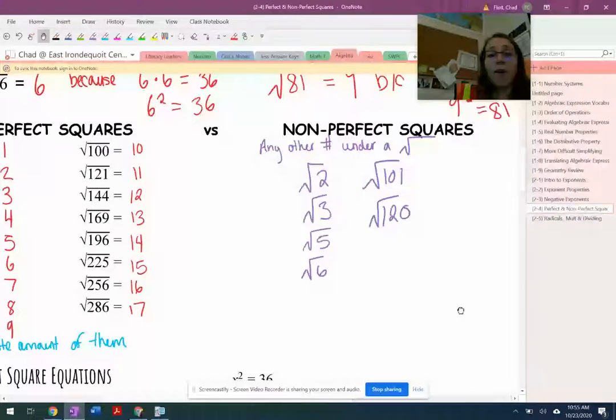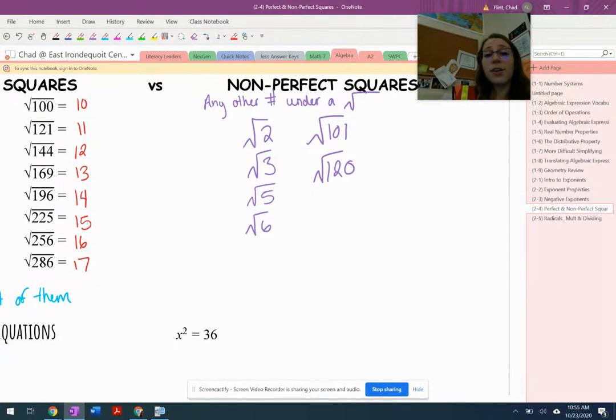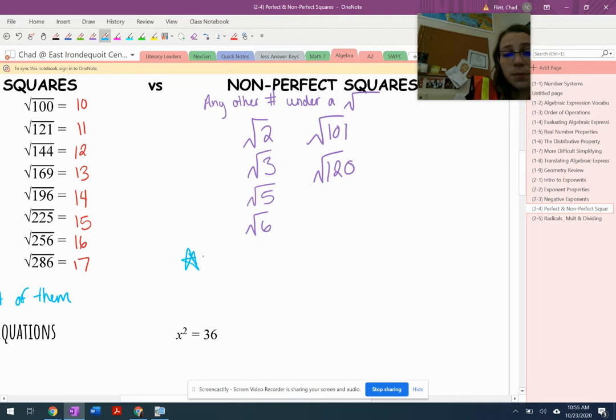And all non-perfect squares are irrational numbers. Let's jot that down. Let's use blue. All non-perfect squares are irrational.